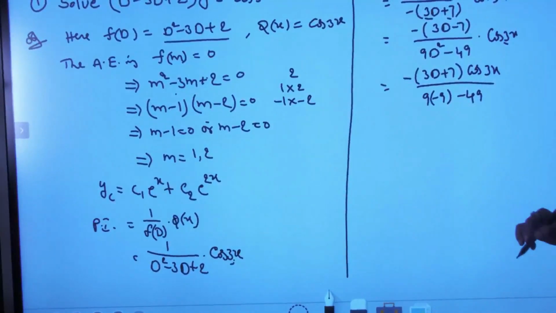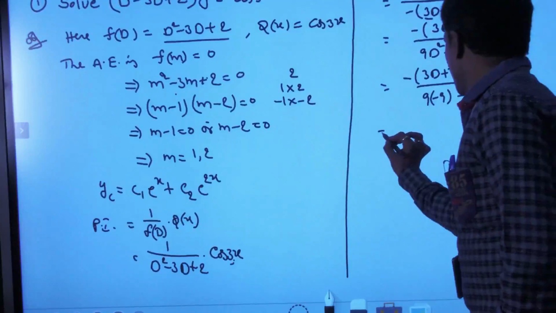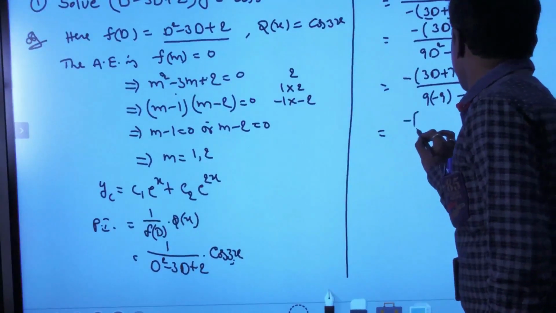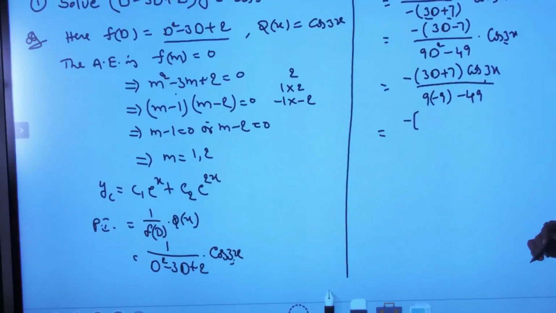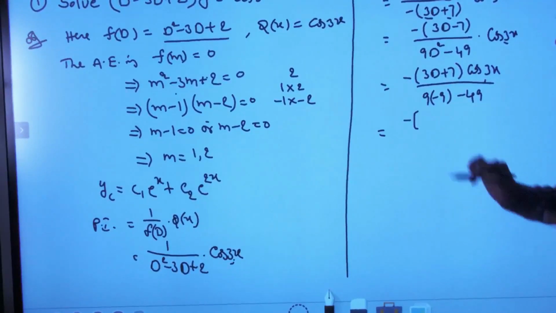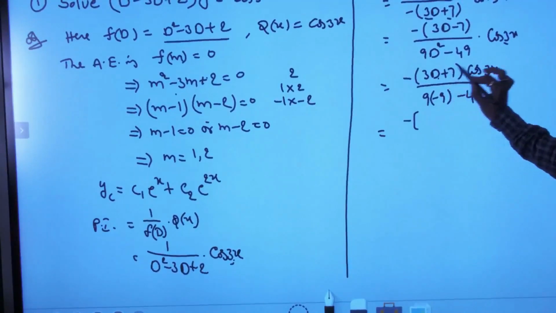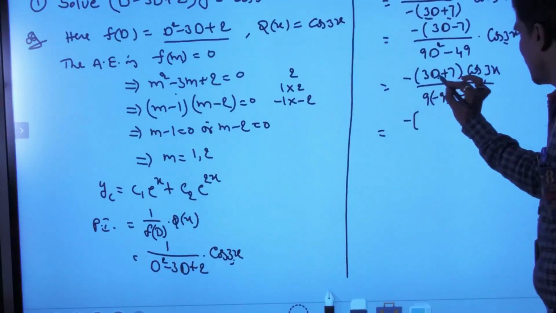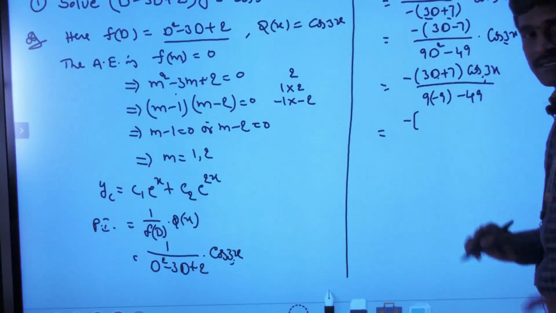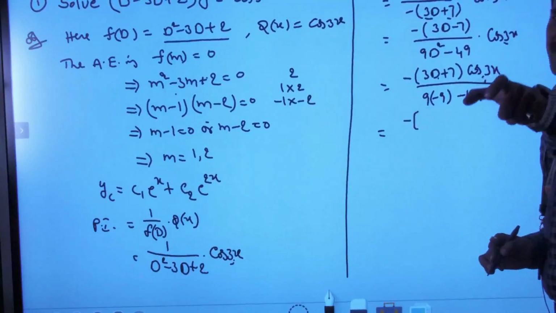Now here minus 3d of cos 3x. What is d? D is the differential operator, d by dx. That means 3 into the derivative of cos 3x. The derivative of cos ax, so 3 into the derivative of cos 3x is minus 3 sin 3x.